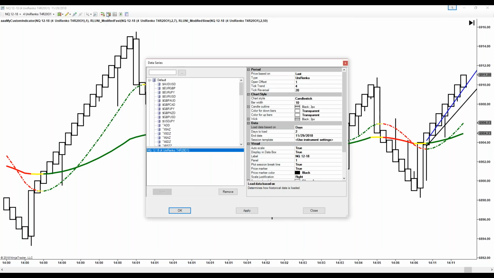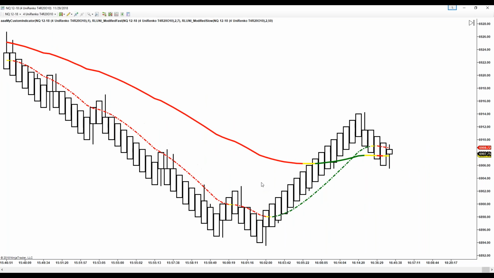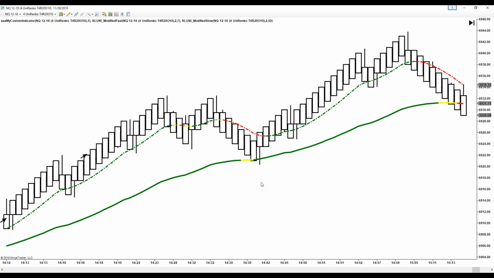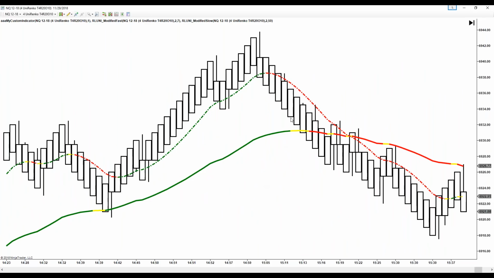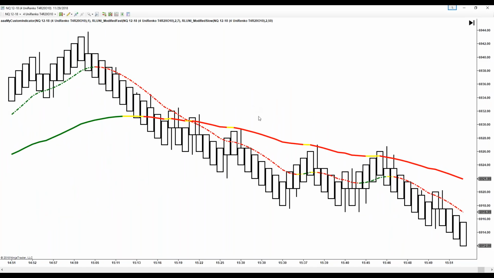If we put the open offset back, see, now we've lost the inner wicks altogether because I changed the chart. And now we need those inner wicks to be able to tell what's going on. I would not eliminate the open offset. If you do, price is going to move, and it's going to be difficult for you to track price.